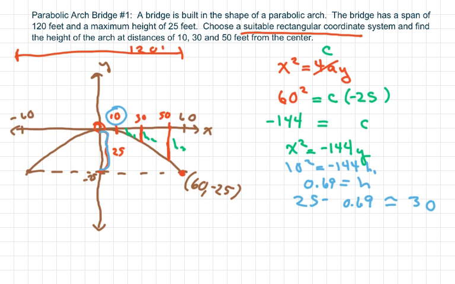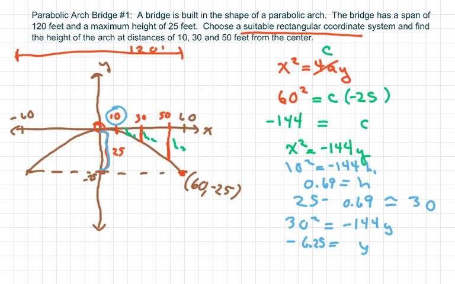All right? So now what we're going to do is plug in 30. We get 30 squared equals negative 144y, and then this equals y is going to equal negative 6.25.